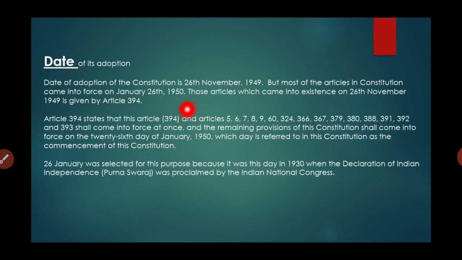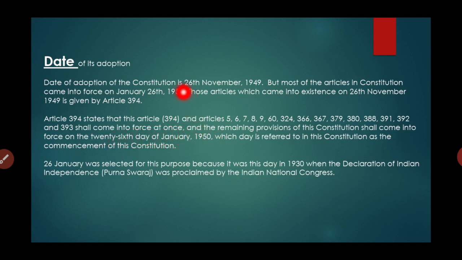We celebrate Republic Day on 26 January, but at the same time I want to tell you, if I say it came into force, that doesn't mean that on 26 November 1949 no articles came into force. This was not true. Many articles like Article 5, 6, 7, 8, 9, 60, 324, 366, these articles came into force at once.